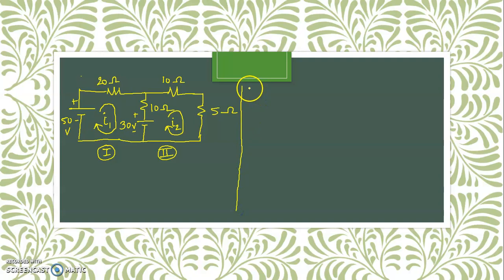Okay, let us start with loop number 1. In loop 1, the elements which are present: 20, 10, a voltage source, another voltage source, okay, with positive negative mark.